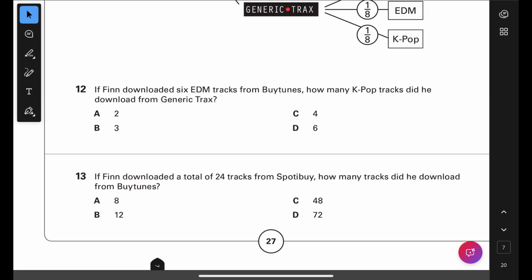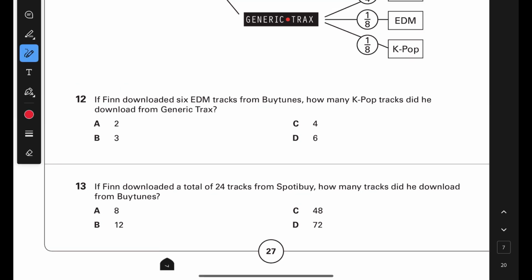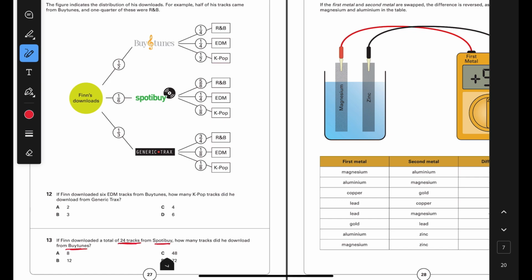If Finn downloaded a total of 24 tracks from Spotify, how many tracks did he download from iTunes? So from Spotify, he downloaded 24 tracks.